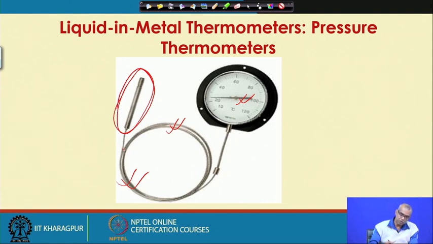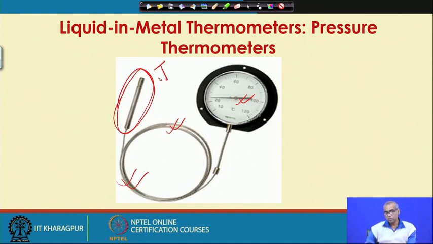That pressure will be transmitted through this capillary to the Bourdon tube. Now, it is the same as applying pressure to a Bourdon tube, so there will be deflection of the tip of the Bourdon tube. The tip deflection will depend on the amount of pressure that has built up, and the amount of pressure will depend on the temperature of the medium.